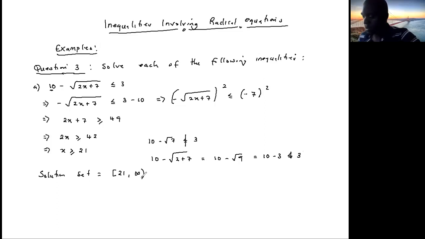So look at the next question, B. For B, we have 3 less or equal to the root of 2x plus 5, and this is less than 6. So whenever we have this kind of inequality, the radical is bounded.